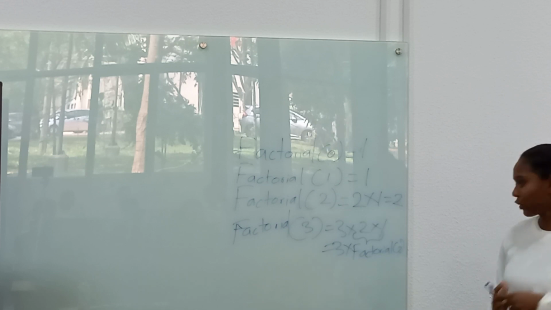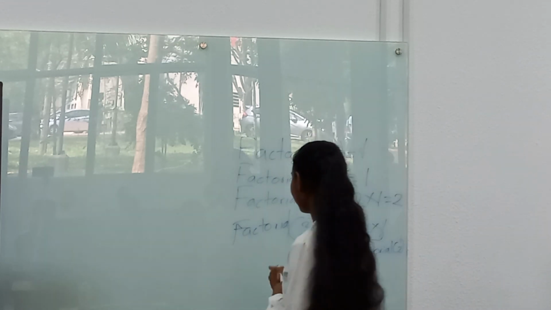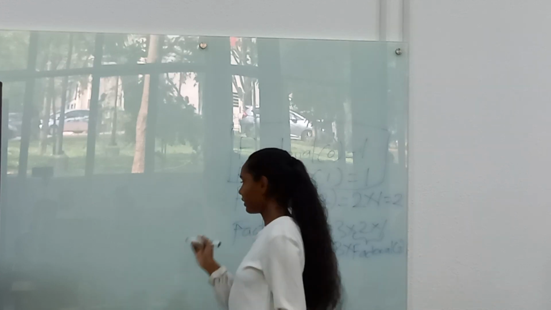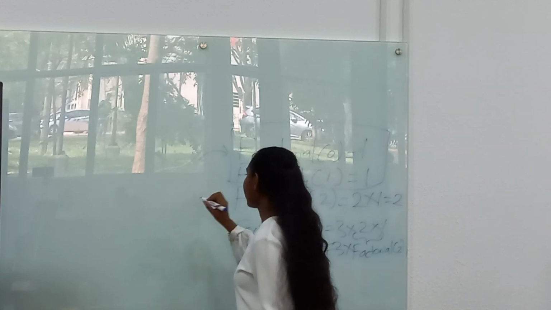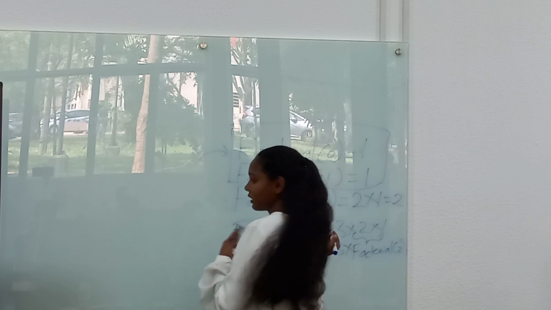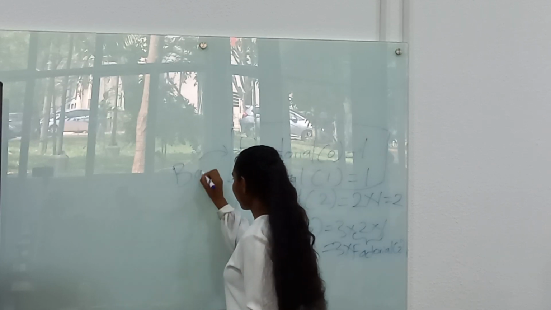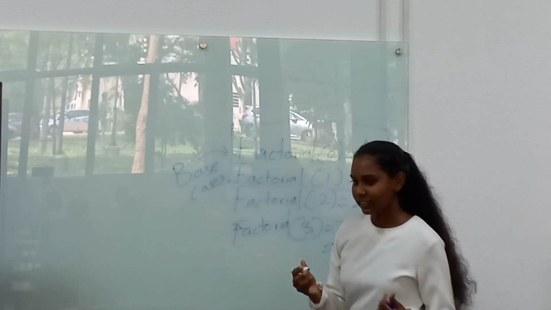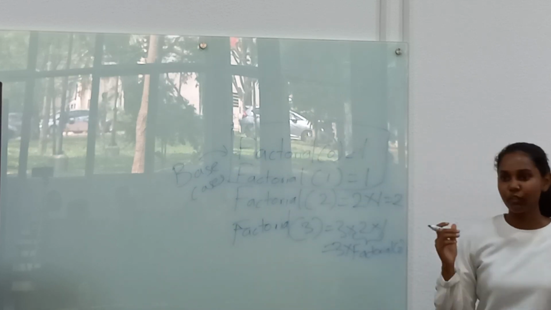No. So these conditions, which we can't divide any further, we can define as base cases. So I told you earlier, base case is the simplest version of the problem.